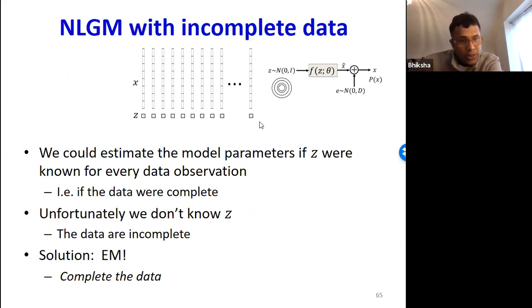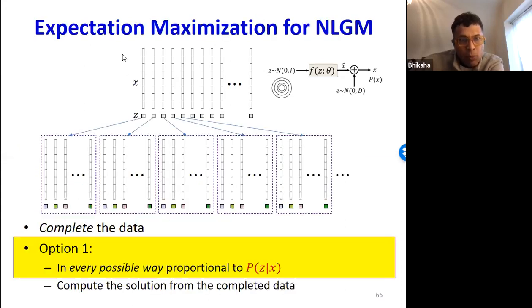Unfortunately, we don't know z. The data are incomplete. And so we are going to use EM. We're going to complete the data. There are two different options again. We've seen this. In the first case, you can complete the data by filling in z with every possible value it can take in proportion to p of z given x.